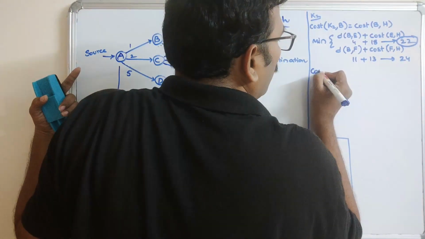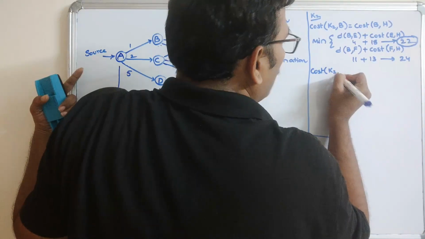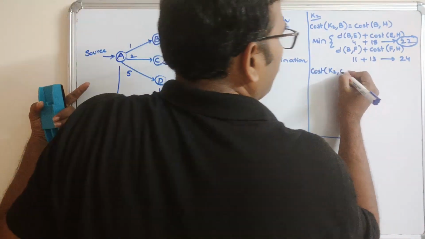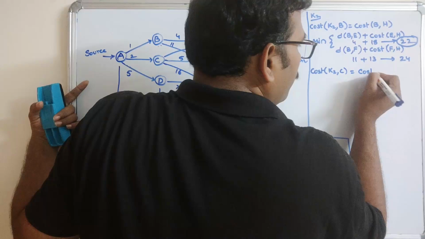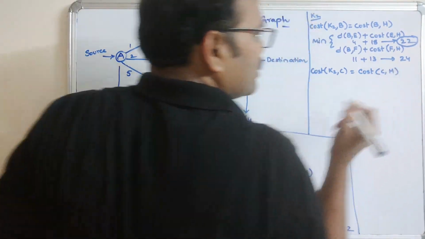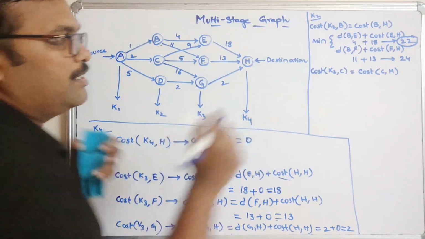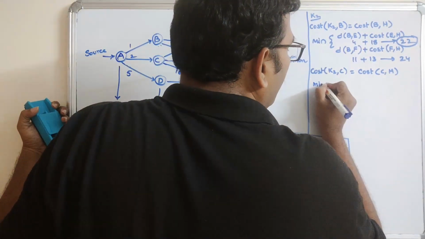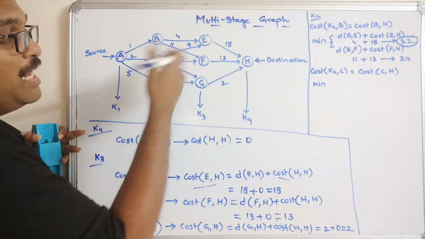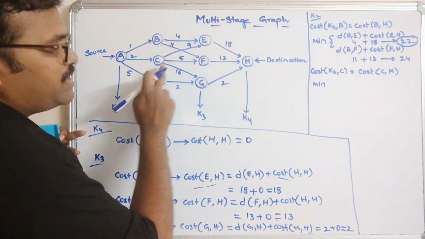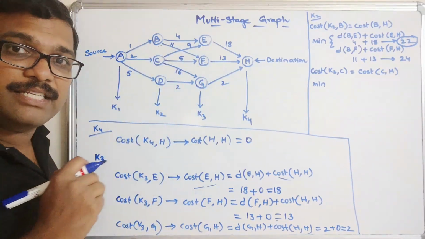Now we need to find the cost of K2 comma C, that means cost of C to H. What is the cost from vertex C to vertex H? That we can also find as a minimum because we have multiple paths: C to E, C to F, C to G. 3 possible paths, right?